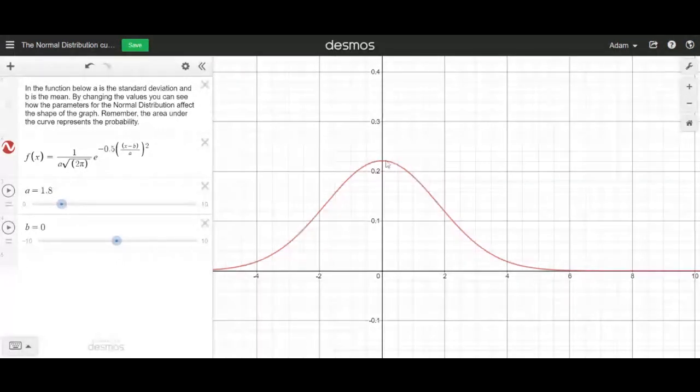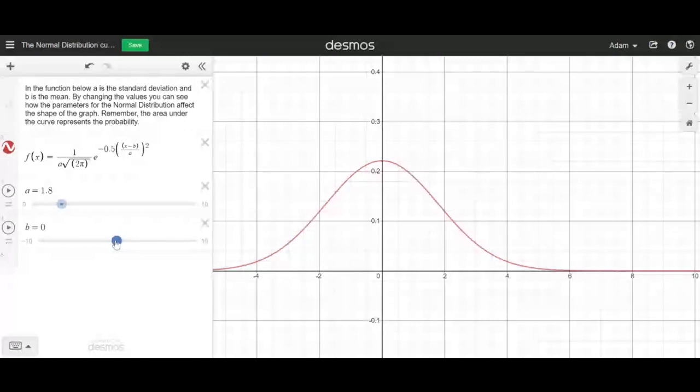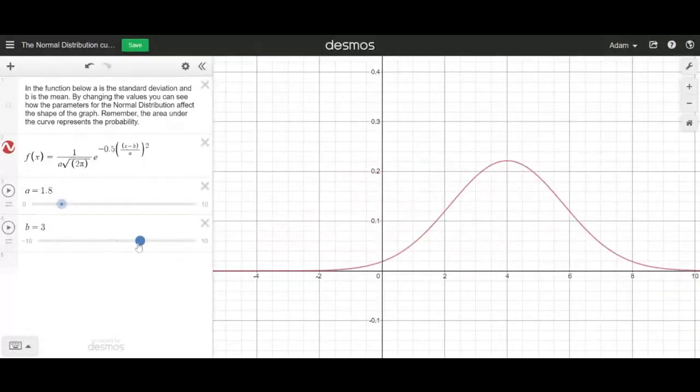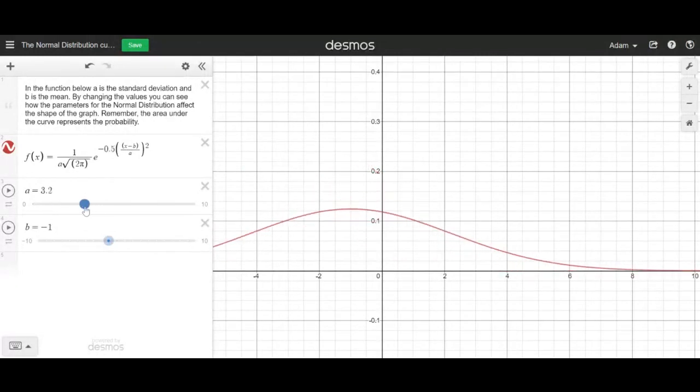The peak, the top of the hill, is directly over the mean. So if you change the mean, you're shifting the graph horizontally. Whereas with the standard deviation, A, you can see how this will have a different effect on it.